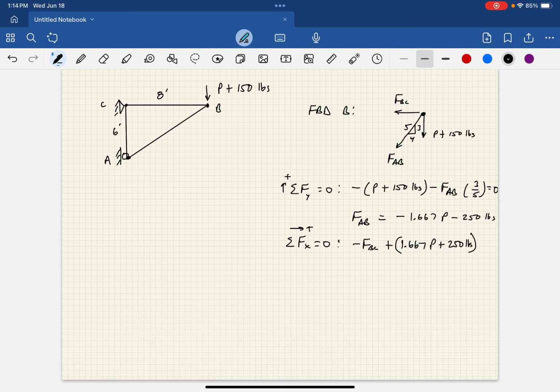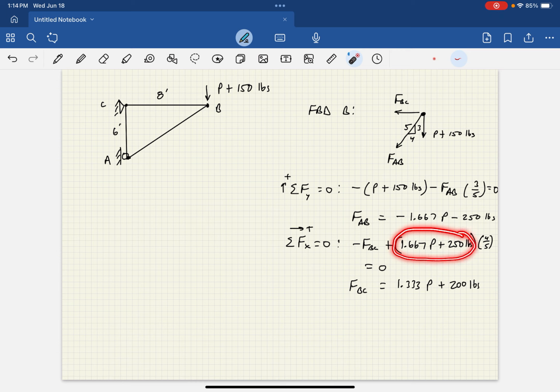And then that collectively is going to be multiplied by 4/5 equals 0, and I can solve for F_BC to be 1.333 P plus 200 pounds, okay? Now here's a question for you. How come this 1.667 P plus 250 is positive where I had negatives earlier?